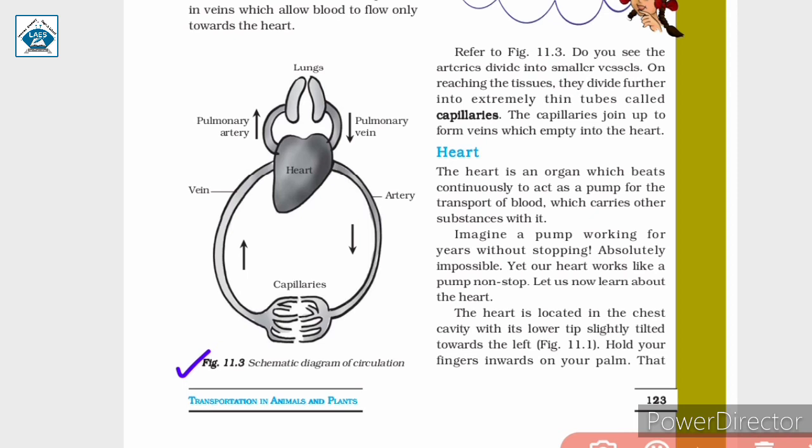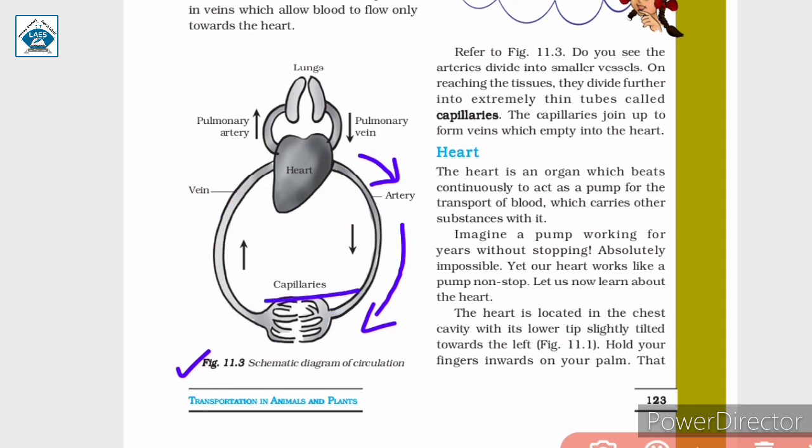In figure 11.3, we can understand circulation of blood. If we start from the right side of the heart, we have the artery which carries oxygen rich blood, and it reaches the tissues and is divided into extremely thin tubes called capillaries.